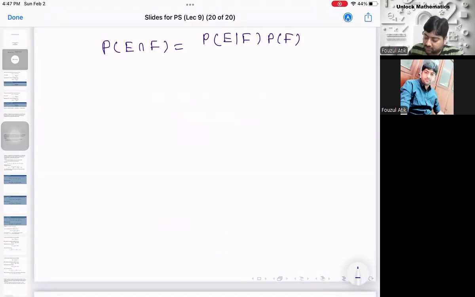Now, on the other hand, we know that P of F given E is the conditional probability of F given E has already occurred.